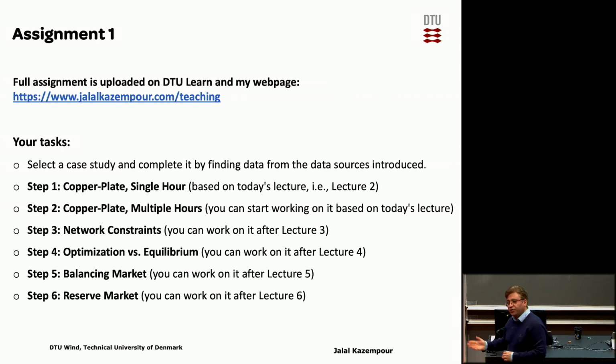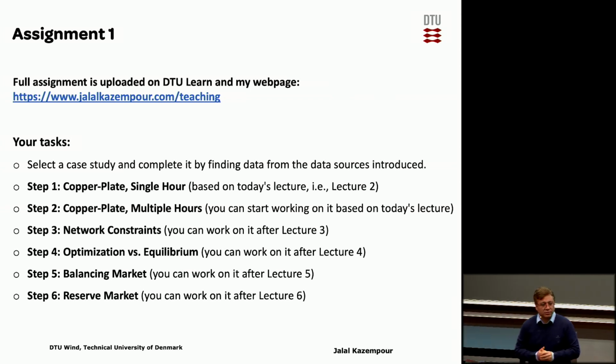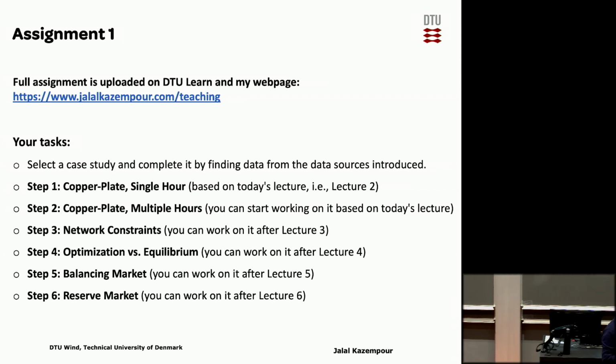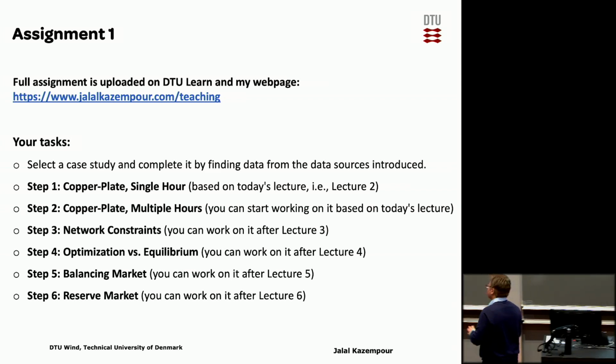But you should wait for the next lecture to start step 3 and beyond. Yes? For the third case study, the link does not work. I checked and it was working, but I can double check. Could you please write it in DTU Alert? Then I'll reply with the link. Good.